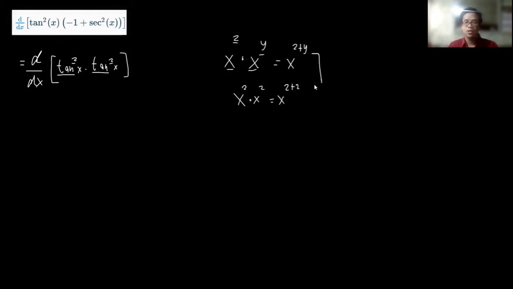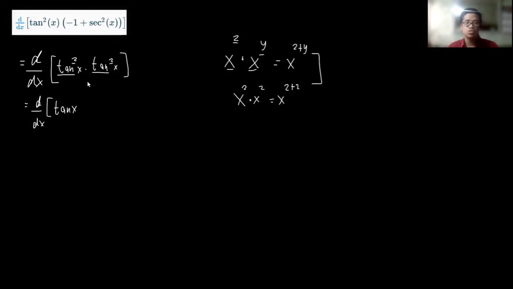So as you can see, whether the exponents are different or the same, as long as the bases are the same, you're going to add the exponents. So in application to this one, we're just going to copy tangent and then add the exponents.